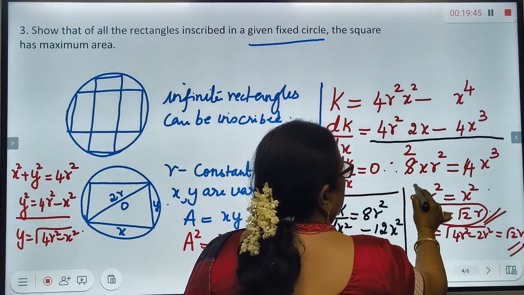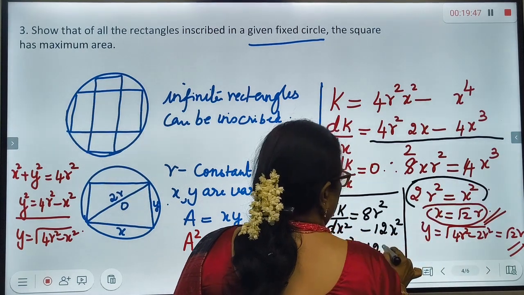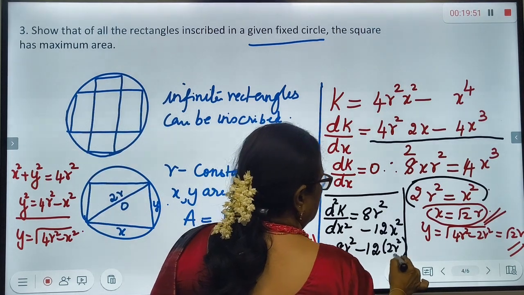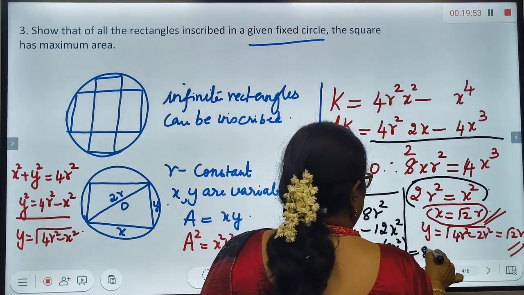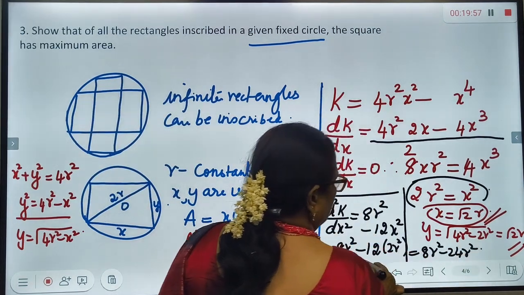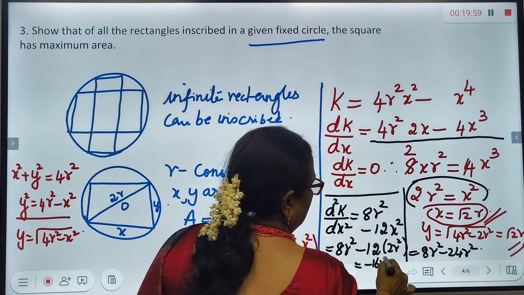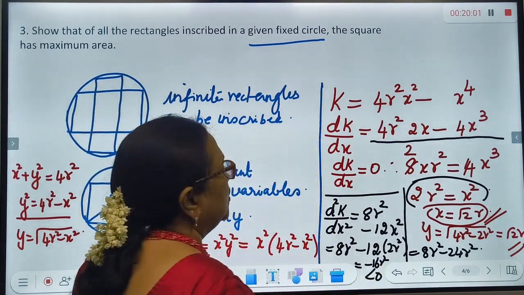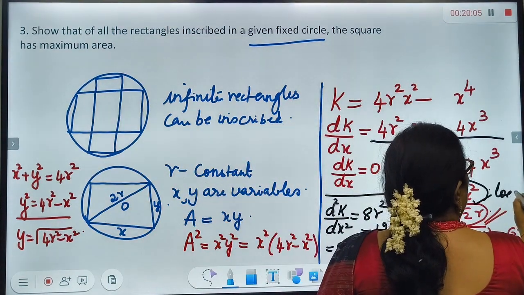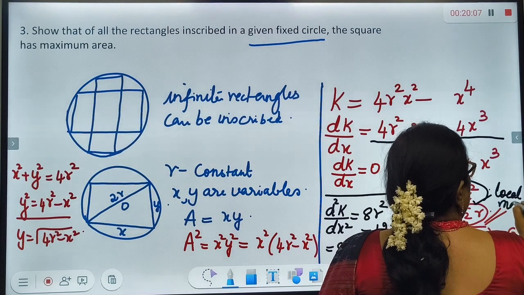So this is 8r square minus 24r square, which is minus 16r square, which is less than 0. So x equal to root 2r is a point of local maximum.